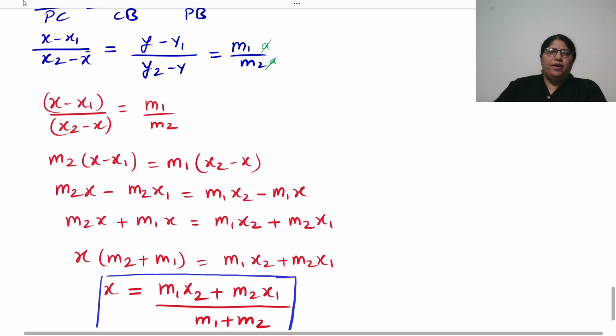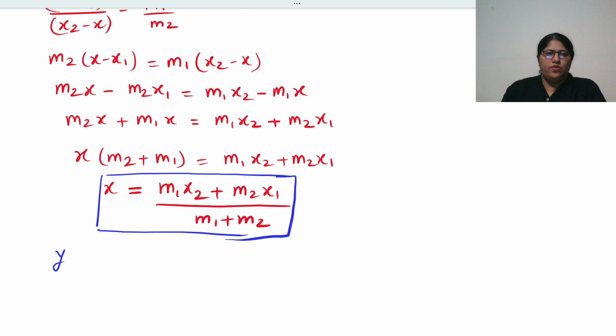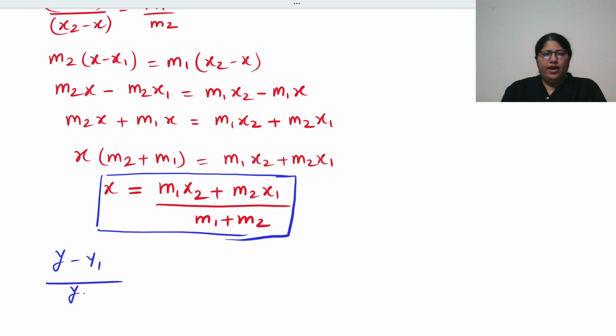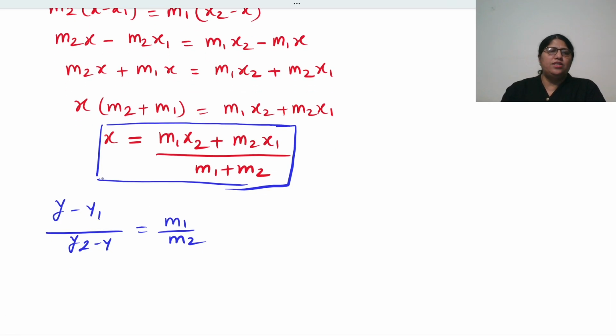Similarly, if I do the comparison of these two terms, y minus y1 by y2 minus y equals m1 by m2. Again, you will do the cross multiplication, and if you do the simplification, you will get it here.